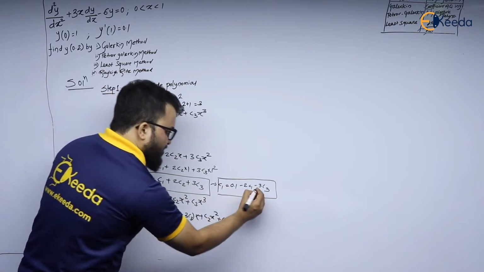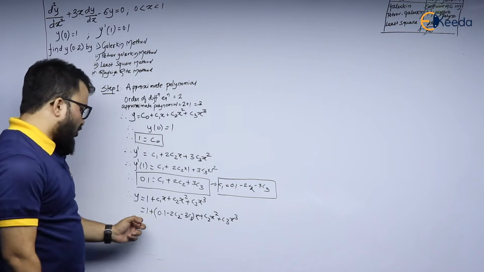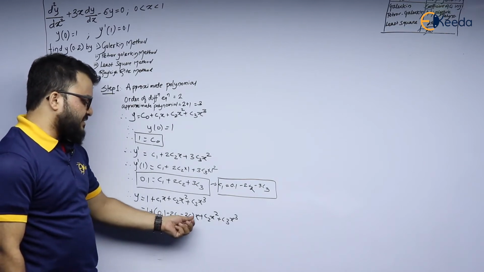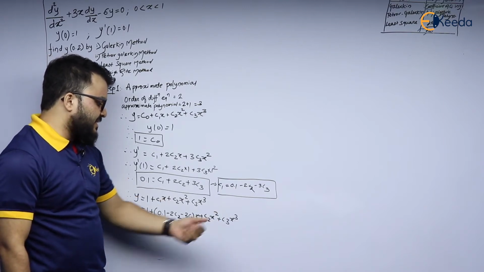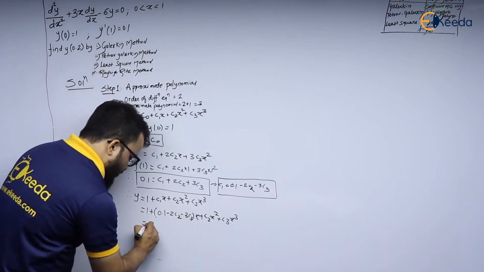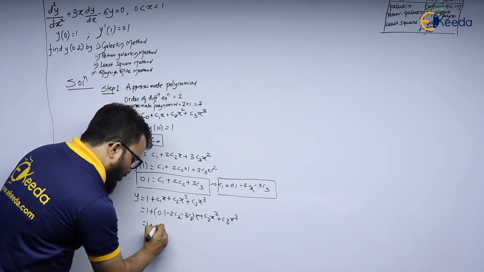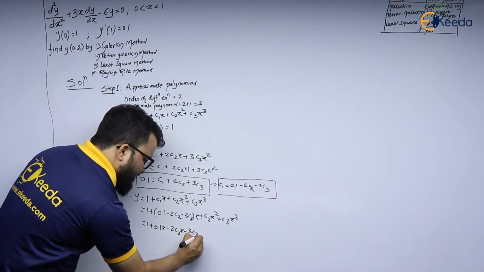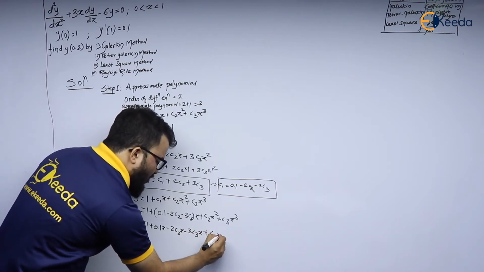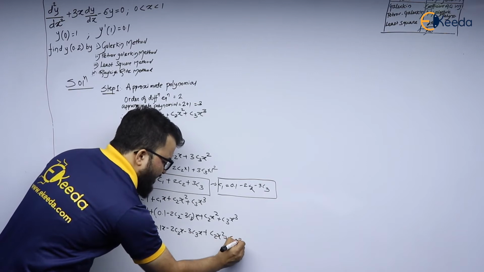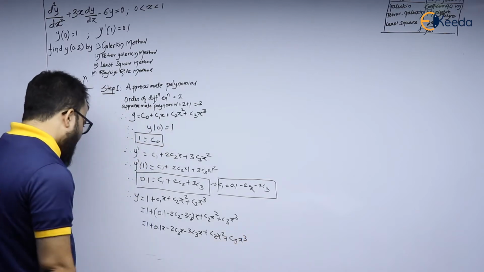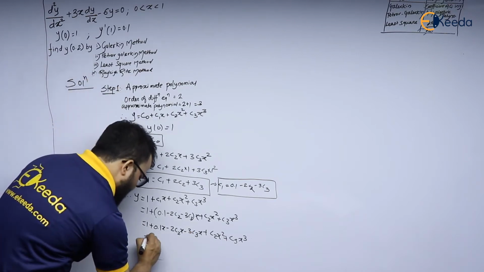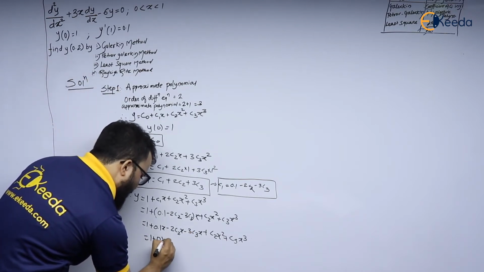Now I will solve this equation. It becomes 1 plus 0.1x minus 2c2x minus 3c3x plus c2x square plus c3x cube. Gathering the c2 and c3 terms, I get 1 plus 0.1x.